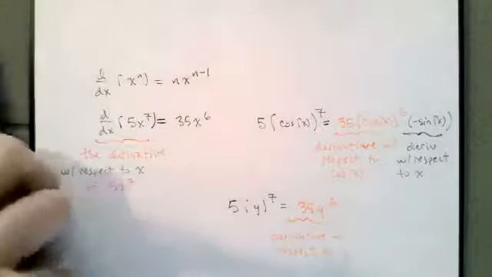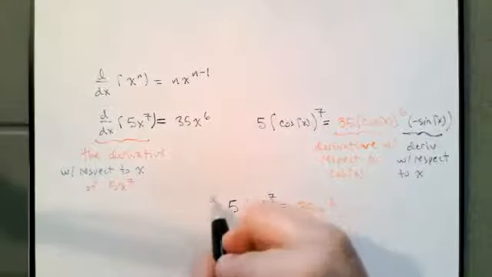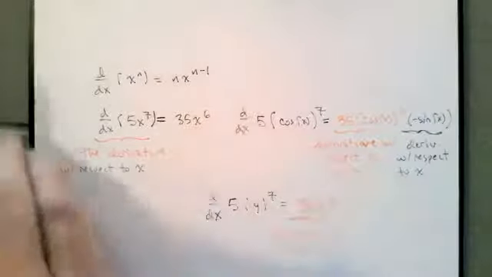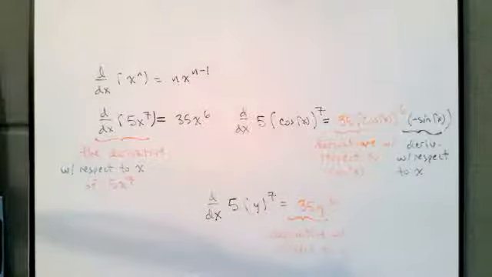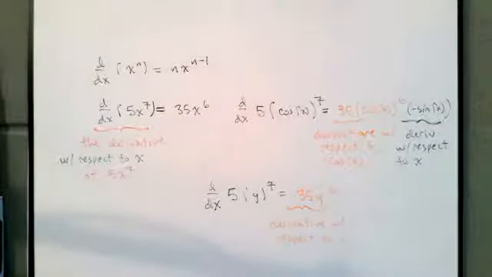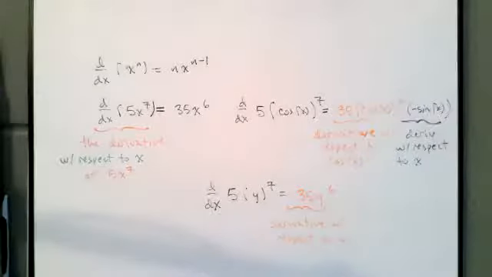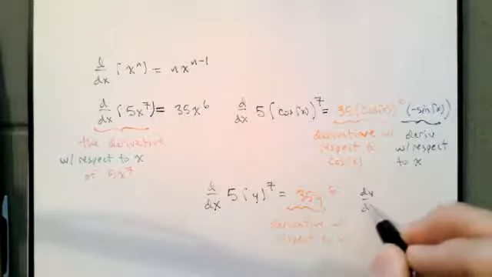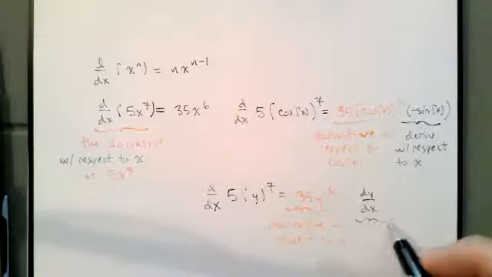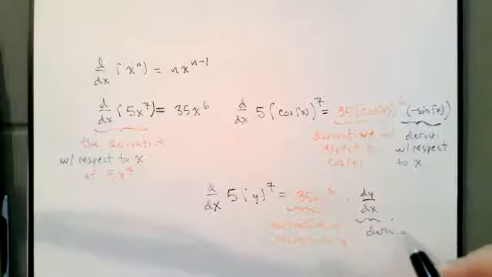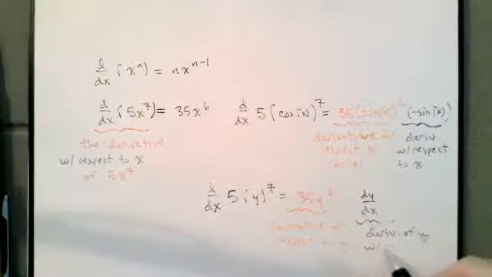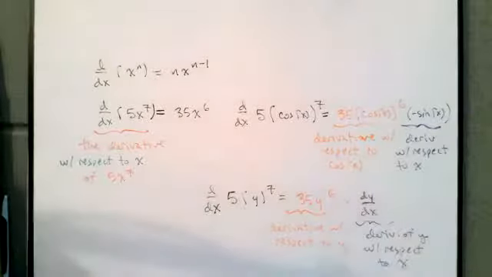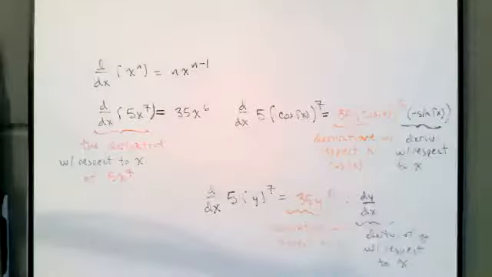But we want the derivative with respect to x. So we're not done. We've just written down the derivative with respect to y. That means we have to use the chain rule and multiply by the derivative of y with respect to x. That's what the chain rule says to do.